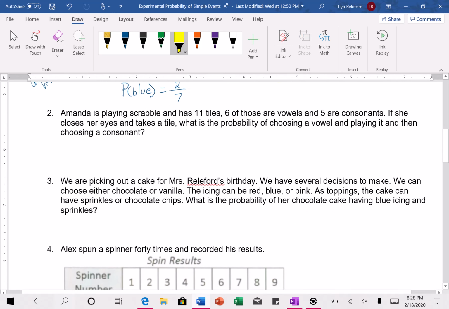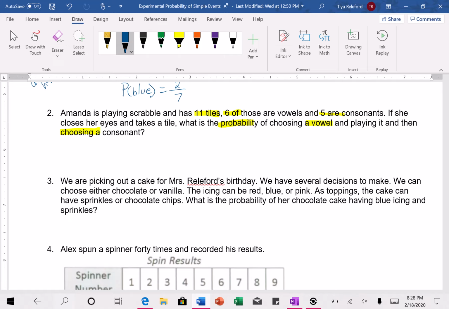Amanda is playing Scrabble and has 11 tiles. If she closes her eyes and takes a tile, what is the probability of choosing a vowel and playing it and then choosing a consonant? Has she already taken a tile? Has she already chosen a vowel? No. It says if she closes her eyes and takes a tile.